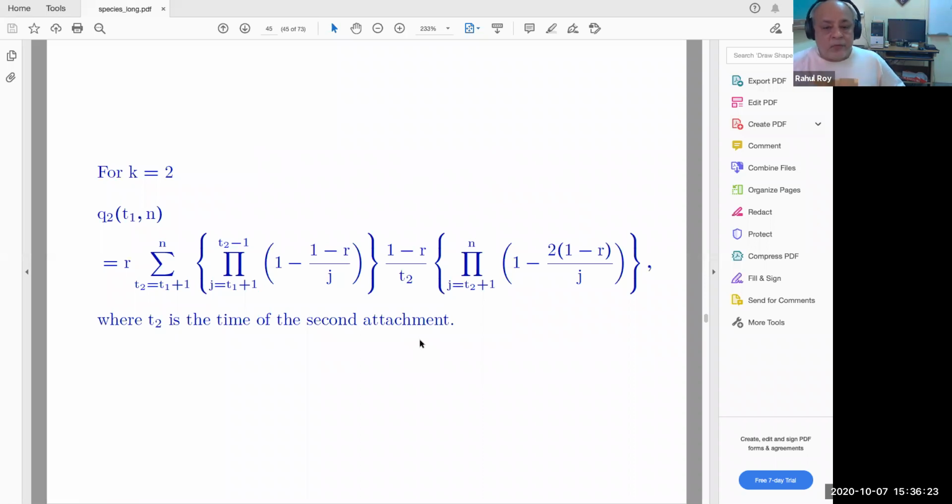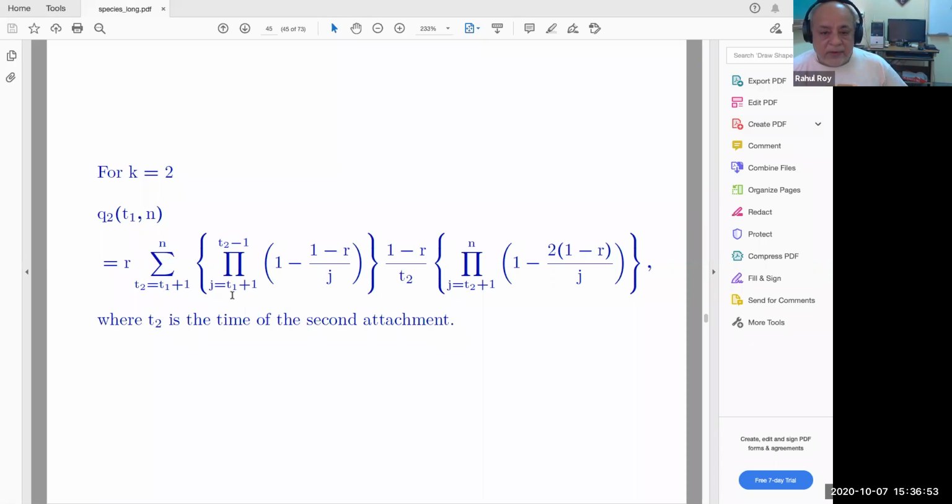For k equal to 2, you can do the same calculations, because you know that there has to be one more individual coming in. It comes in at time t2. And at time t2, there are exactly t2 many individuals. And it cannot be a mutant, so that has probability 1 minus r. Therefore, we get the probability that at time t2, one of these individuals, a non-mutant born, gets stuck with the person who was born at t1.